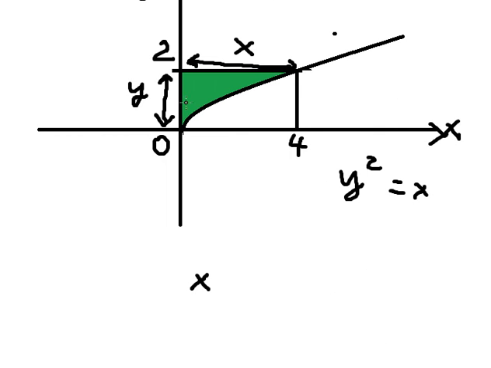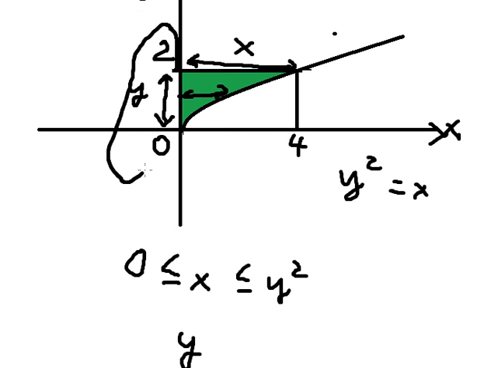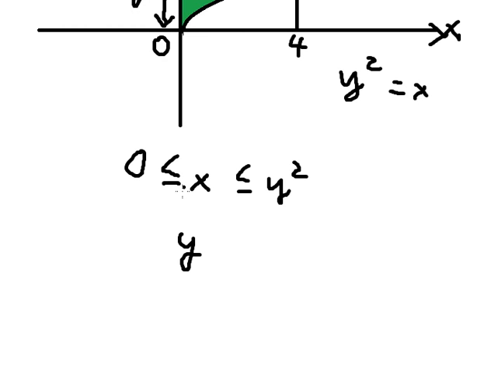About x, we can see that x is greater than or equals to number 0. We have number 0 in here. And x is smaller than or equal to y squared. That is about this one in here. If we look on the curve, so this is for x, we can see that x is between number 0 and y squared in here. About y, that is about this one, so we have number 0 and number 2.